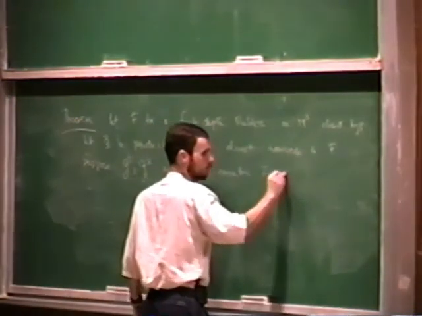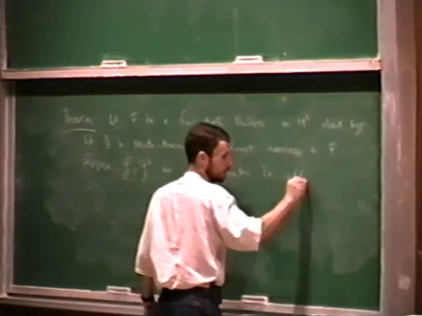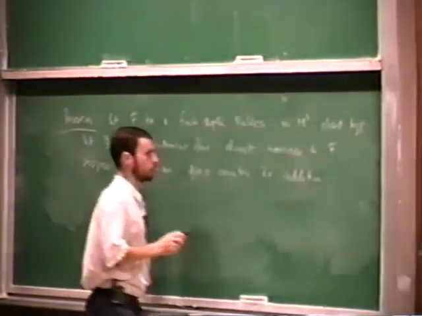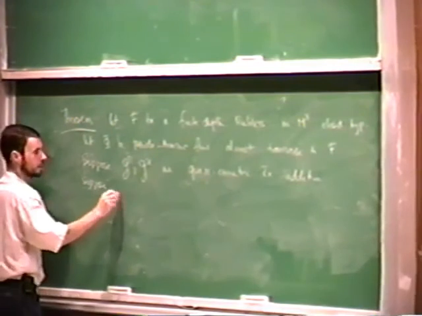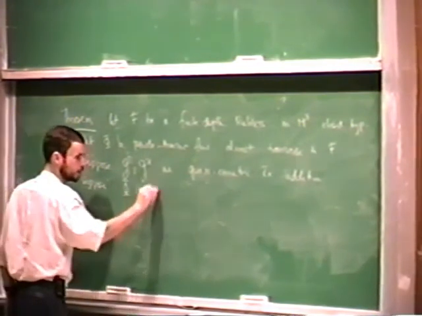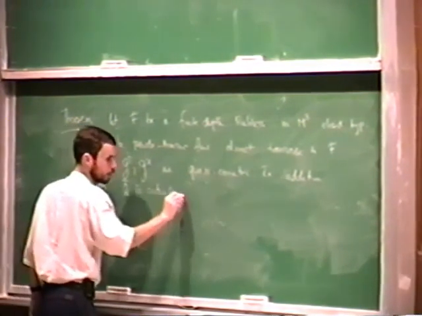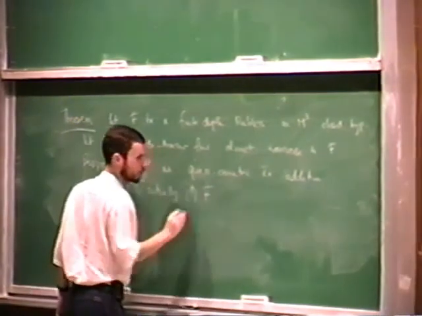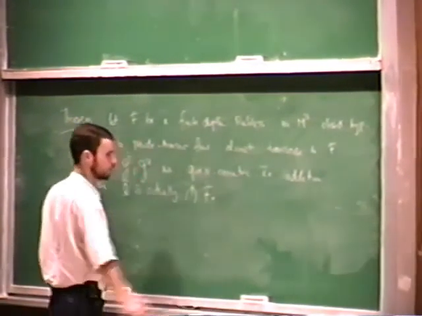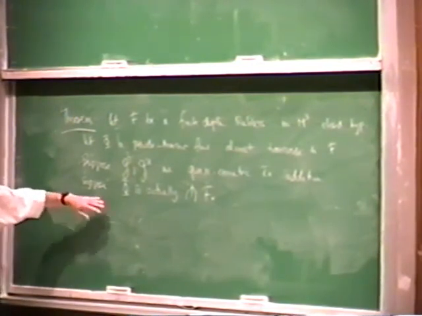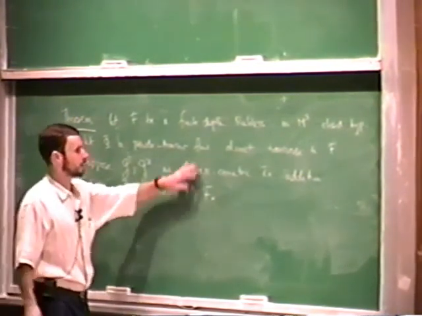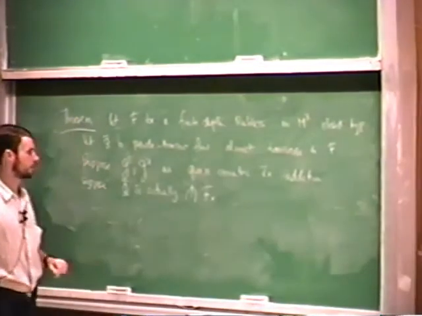So in addition, I'm going to suppose that the flow is actually transverse to F. Probably this doesn't make any sense for anybody except for Lee Mosher here, because I didn't say what almost transverse was anyway.